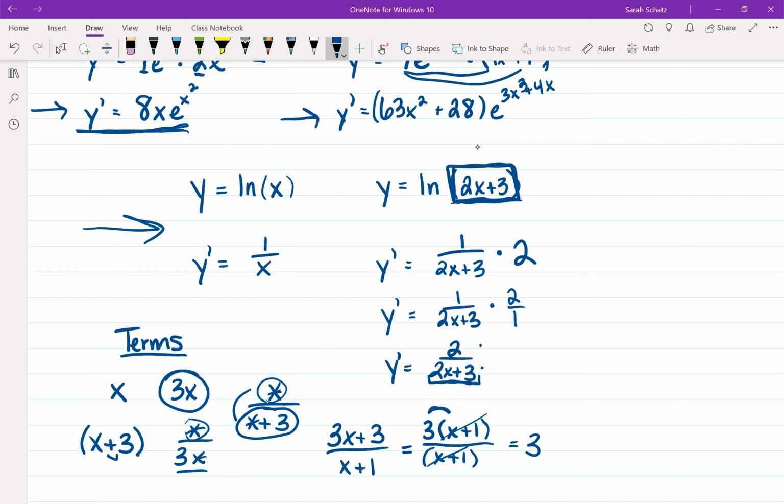Anytime you're canceling or reducing something, remember that really equates to division. When I say cancel out or reduce or take something out, it's dividing something, right? The only time I can divide something is if it was multiplied. So you can see this 3 multiplied by the x plus 1. Oh, okay, I can divide it out and it leaves me with just the 3. That's why this one worked over here where we had x over 3x.